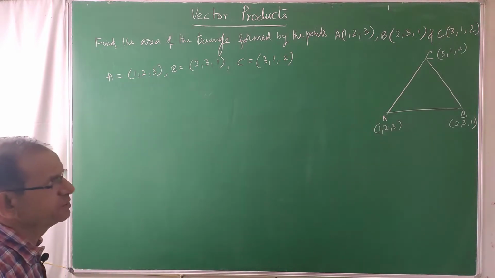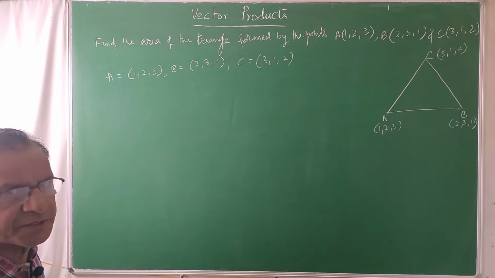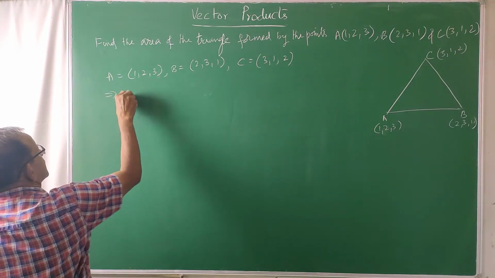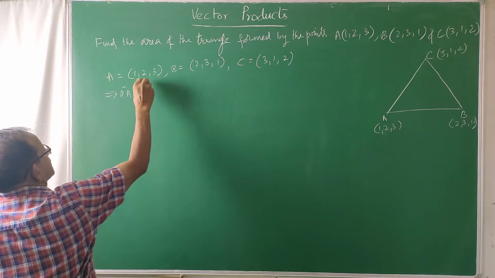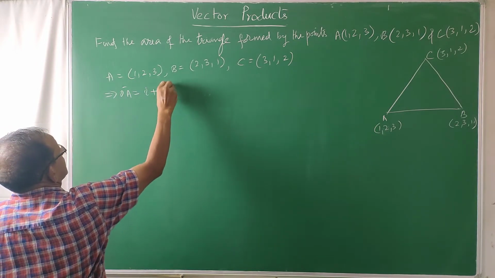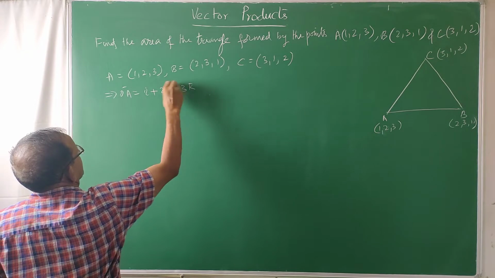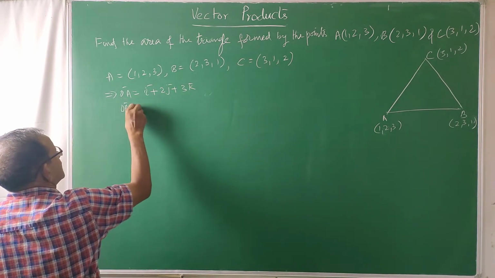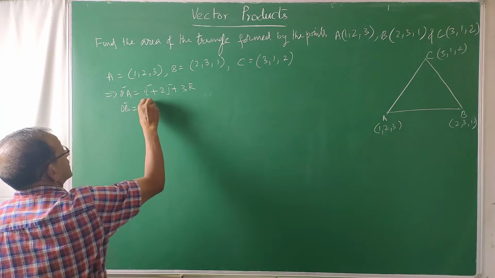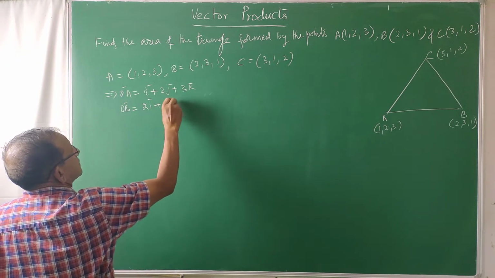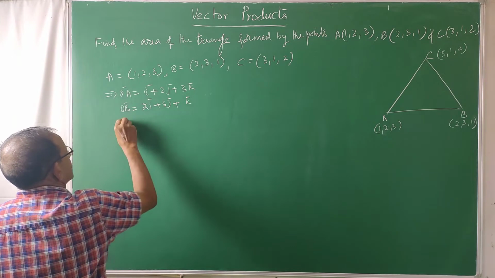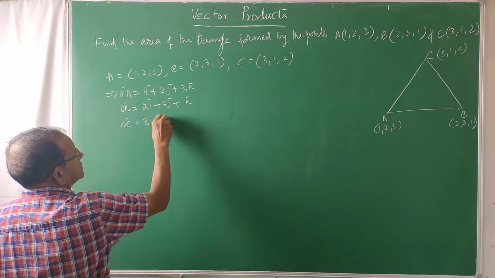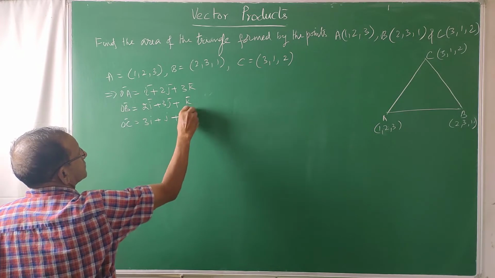Now I have to write the position vectors of those three points with respect to O. That implies OA bar is equal to i bar plus 2j bar plus 3k bar, OB bar is equal to 2i bar plus 3j bar plus k bar, and OC bar is equal to 3i bar plus j bar plus 2k bar.